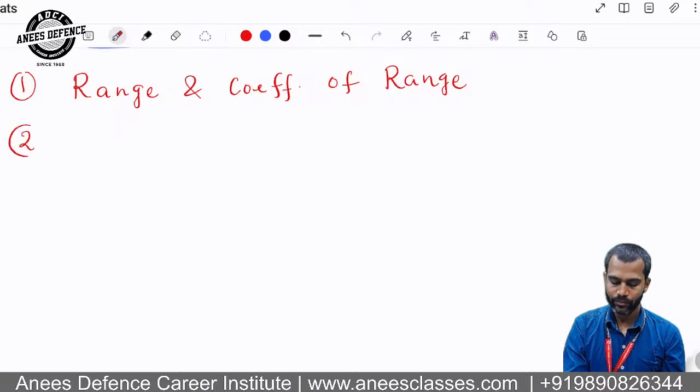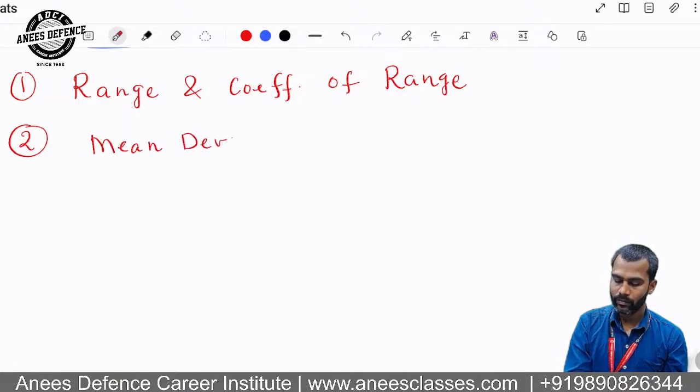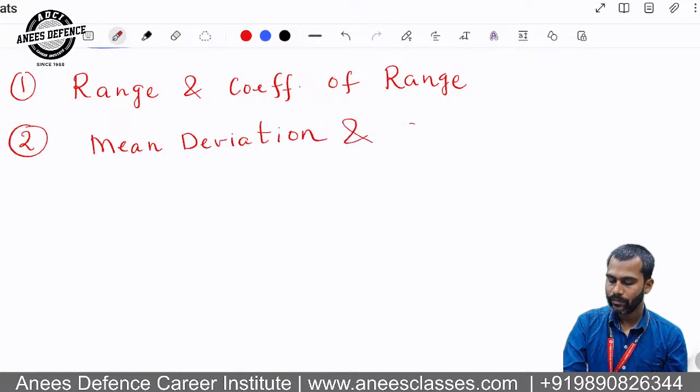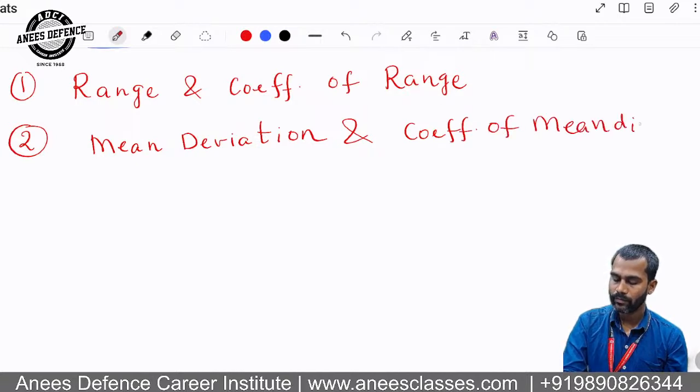Number 2, mean deviation and coefficient of mean deviation.